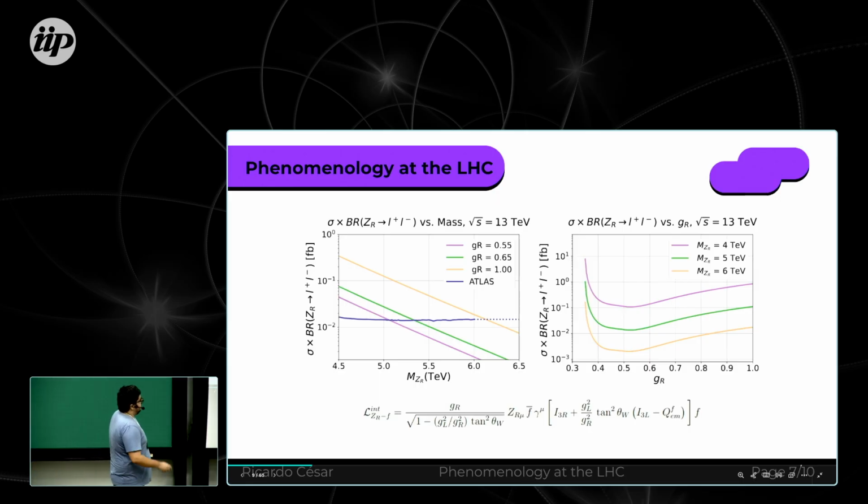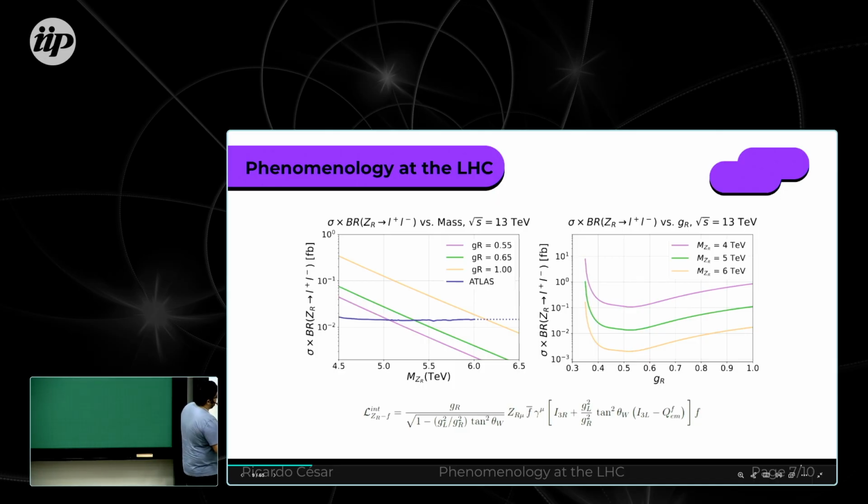On the right-hand side we have another plot. On the y-axis we have the cross-section, and on the x-axis we have the GR. As you can see, when you go to lower GRs, specifically around 0.35, the cross-section explodes, goes to infinity. This is because of this Lagrangian here.